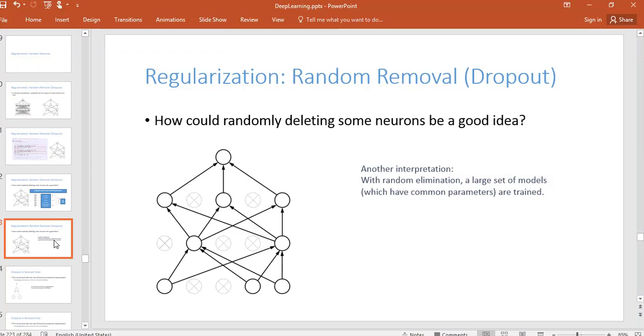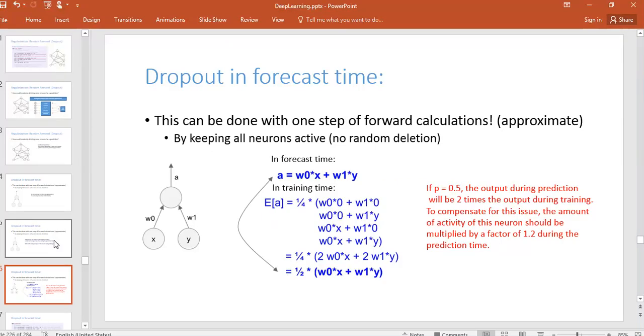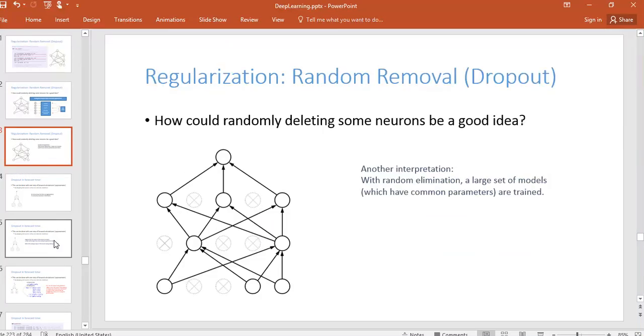Another interpretation is that instead of one neural network, you are training many neural networks. In this example, we have 3 layers containing 5 neurons. Each of these neurons has a probability of 0.5, a half.